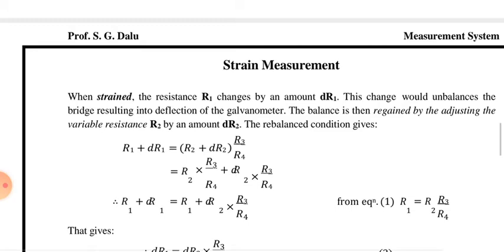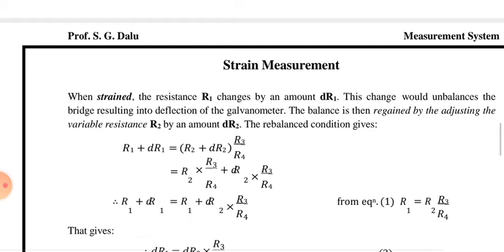The initial equation is R1 equal to R2 into R3 by R4. With the change in resistance of R1 and R2, it is written as R1 plus dR1 equal to R2 plus dR2 into R3 by R4.